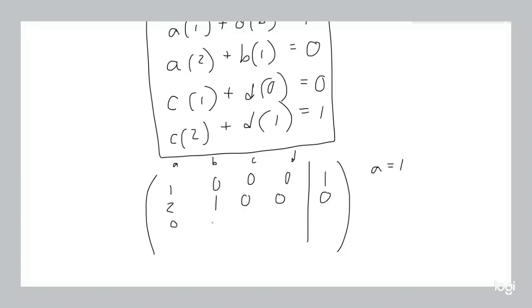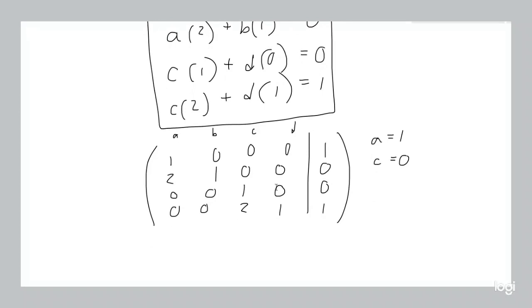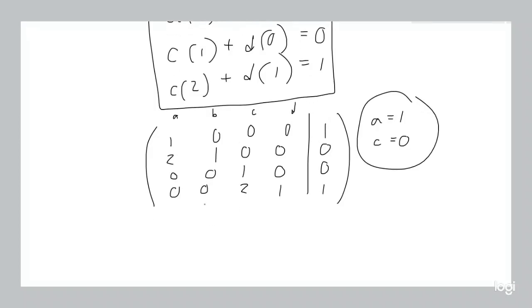We know that 1C and 0D gives you 0, so that already tells us C equals 0. And we know that 2C plus 1D gets you 1. You could bring this to row echelon form and get your answers.